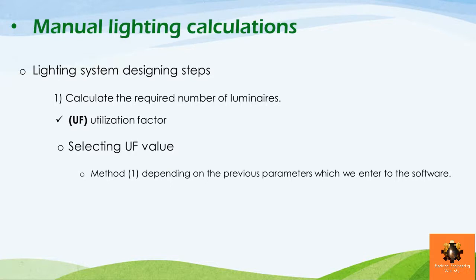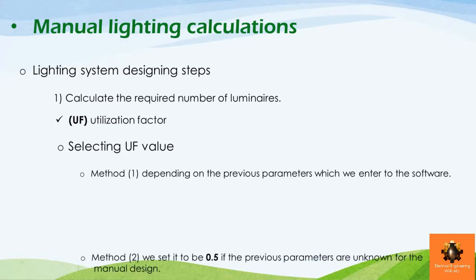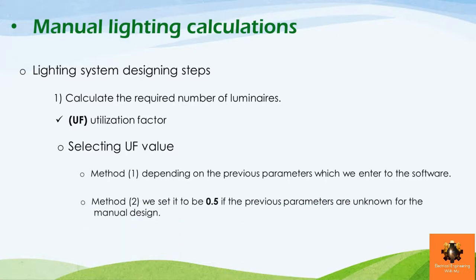But suppose now we are making the design manually, so how can we select the utilization factor? In that case, we take the utilization factor to be 0.5, as 0.5 is a more practical value that we make the design according to, so it's suitable for most cases.